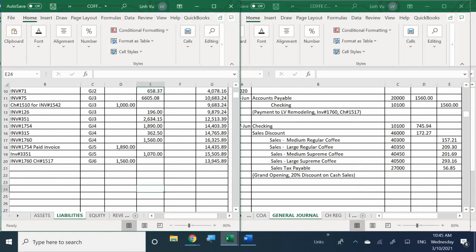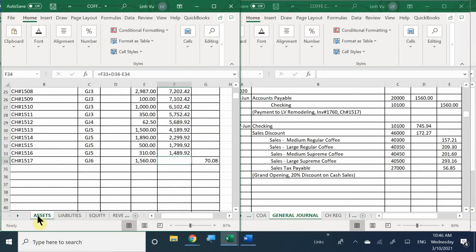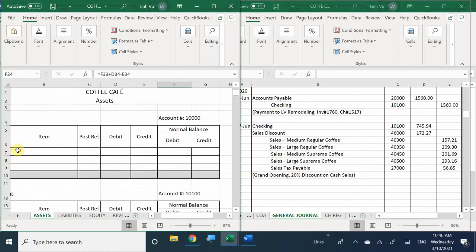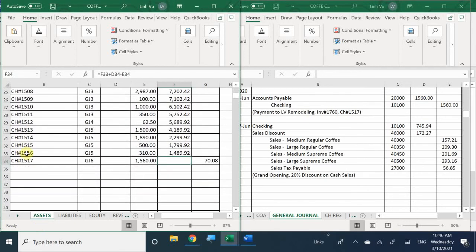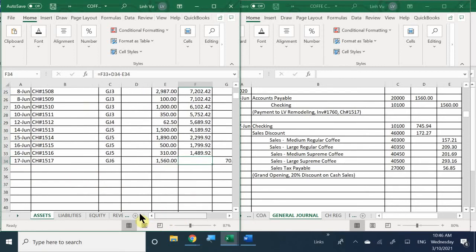What's the first account you're going to go to? Checking. Let's go to checking. So here, I'm going to go to the 17th. And here, I'm going to quote that this was an in-store sale.